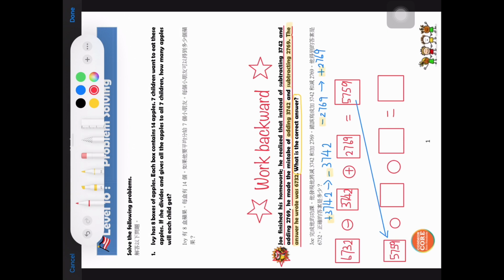Subtract 3,742, and then add 3,742, which equals to 4,786.